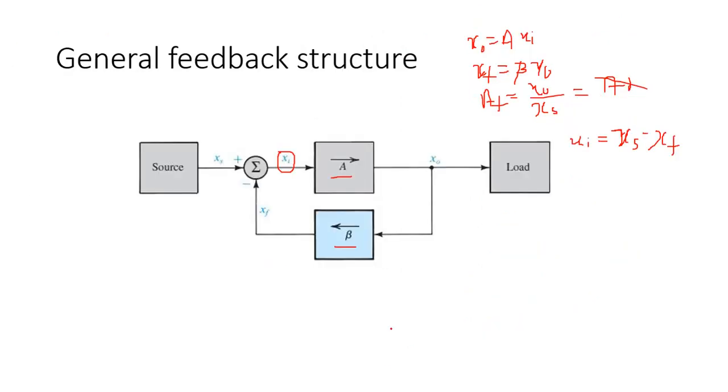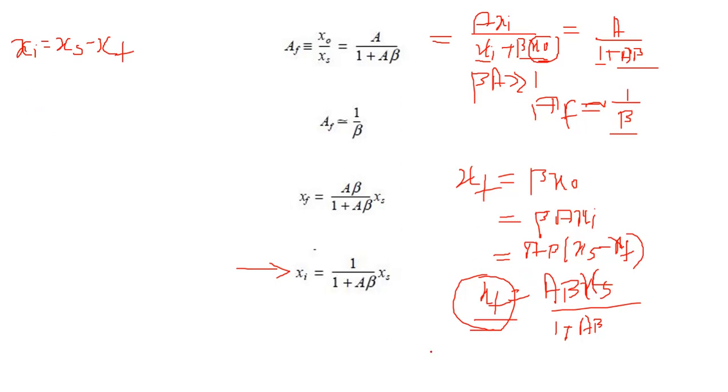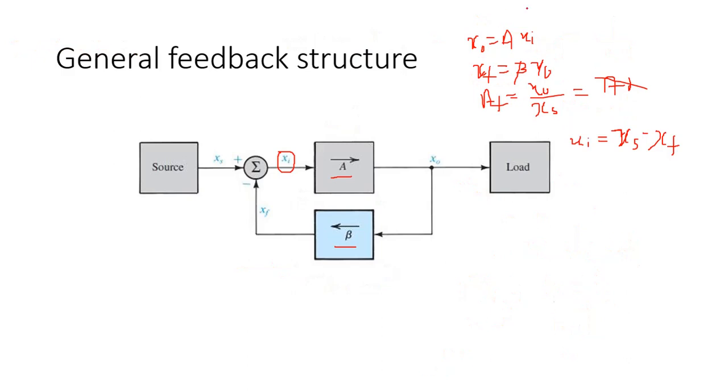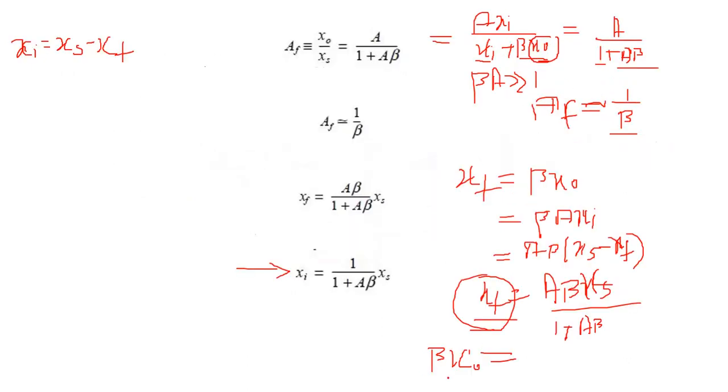Substitute for this Xf from this particular equation, beta into X naught, and in this particular equation, substitute for X naught, A into Xi. A beta Xi equals A beta Xs divided by 1 plus A beta.